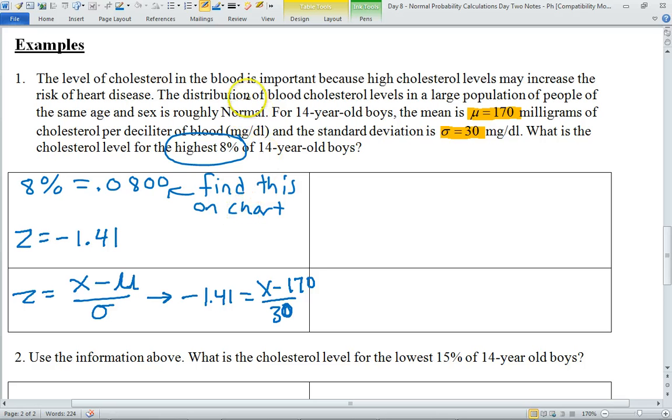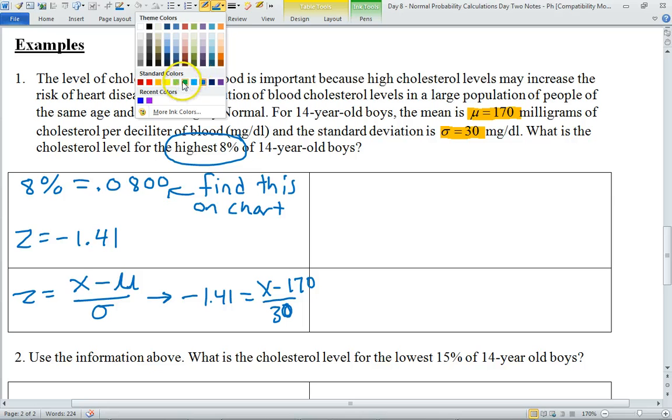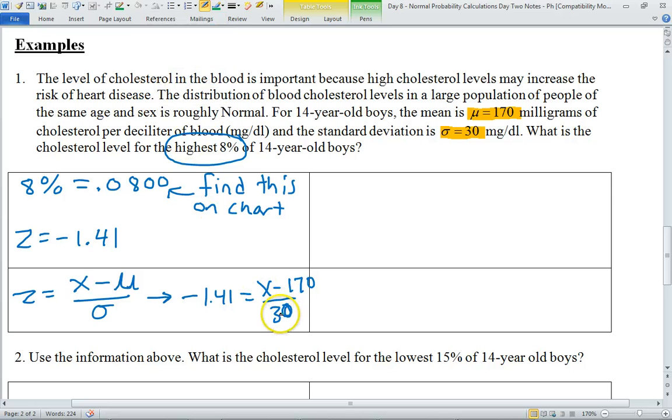Okay, Kelsey, how am I going to solve this equation? Maddie, what do you think? Yeah, I need to multiply by the denominator. So I'm going to multiply both sides by 30.